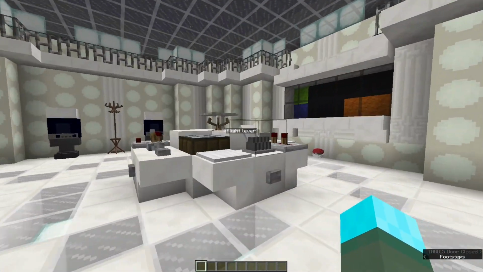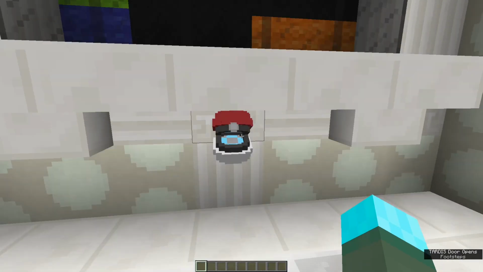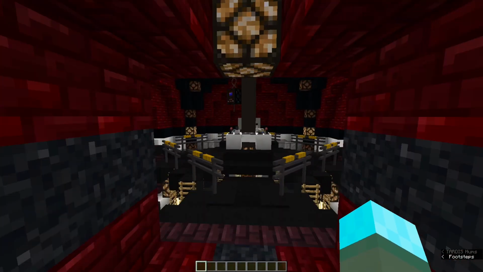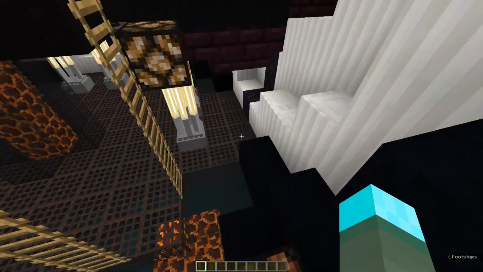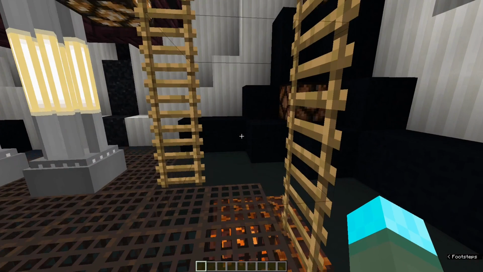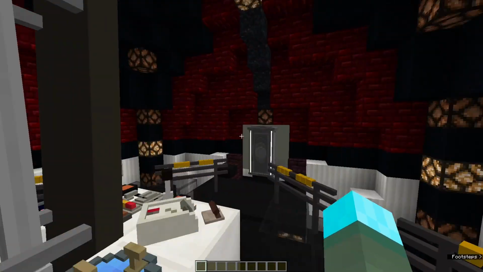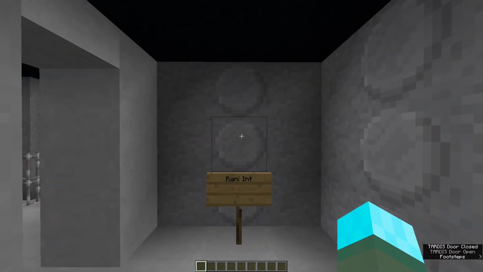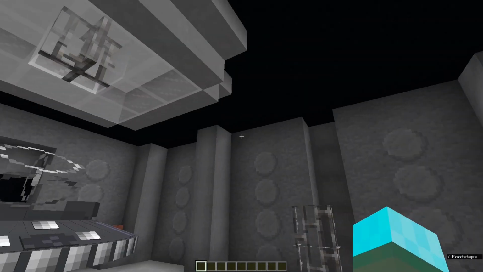This is the Hexon Interior. This is the Pokeball Interior. This is the Rani Interior.